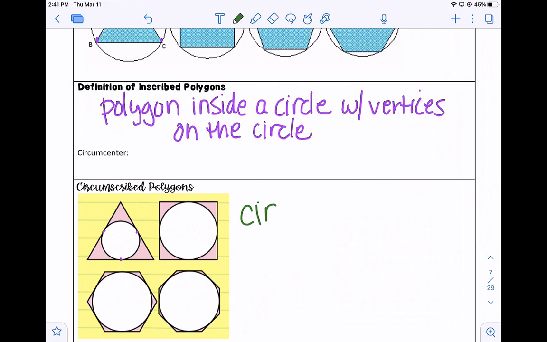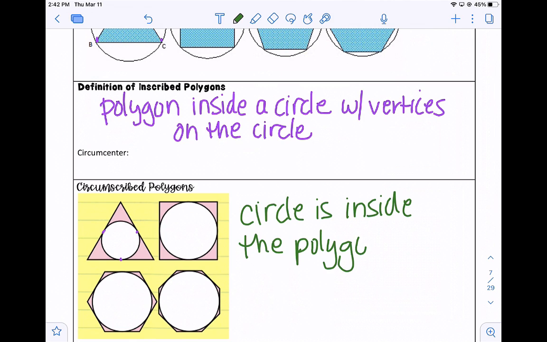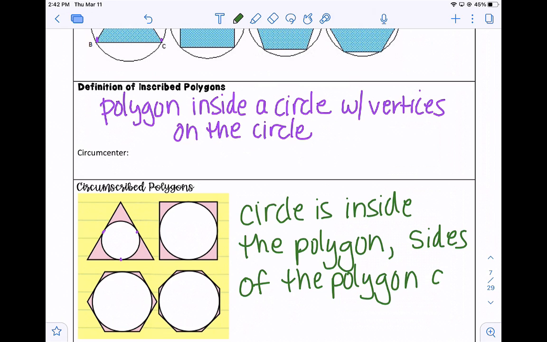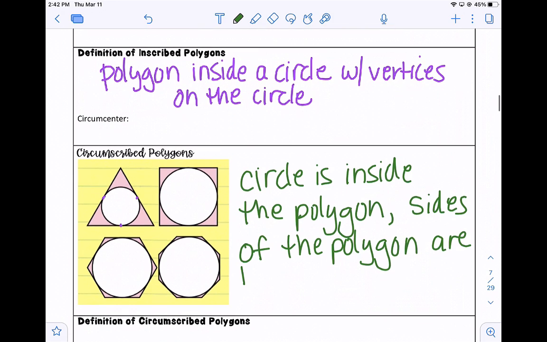The circle is inside the polygon, and then the sides of the polygon are tangent to the circle.